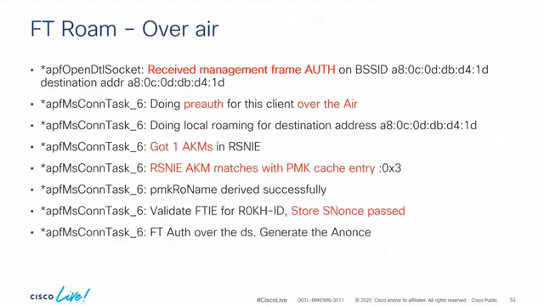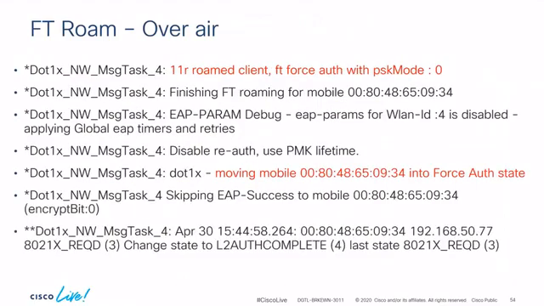So let's look at some debugs from here. We have our management frame off. So we know we're doing pre-auth. We know we're doing it over the air. We got an AKM. The AKM matches with a PMK cache entry. We have the 11r roam client.